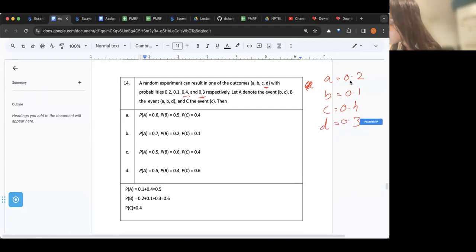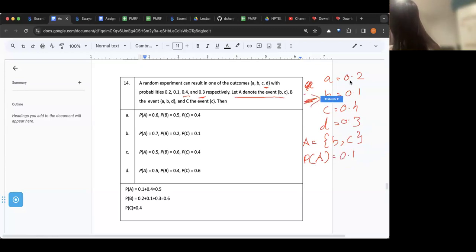So let A denote the event B and C. Now what is the probability of A? It is 0.1 for B plus 0.4 for C. So probability of A is equal to 0.5.